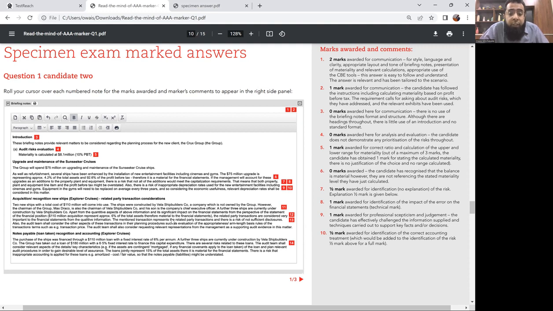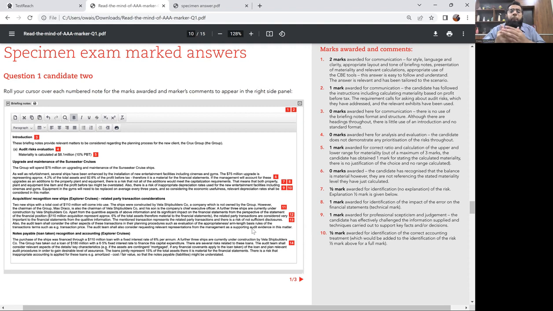The mentioned transaction represents a related party transaction, and there is a risk of insufficient disclosures. Also, the audit team should consider other aspects of these transactions in their planning, such as evaluating the appropriateness and arm's length nature of the transaction terms, for example the transaction price. The audit team shall also consider requesting relevant representation from management as supporting audit evidence in this matter.